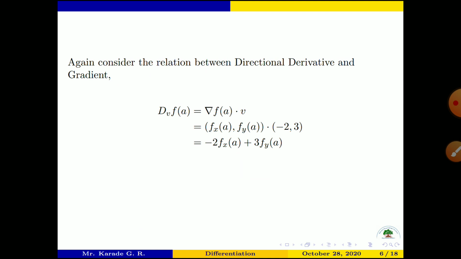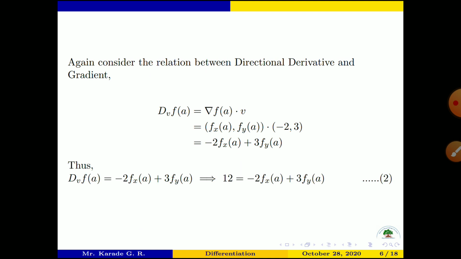So thus we have Dv f of a is equal to minus 2 fx at a plus 3 times fy at a, and this implies that the value of Dv f of a is 12, and it is equal to minus 2 times fx at a plus 3 times fy at a.